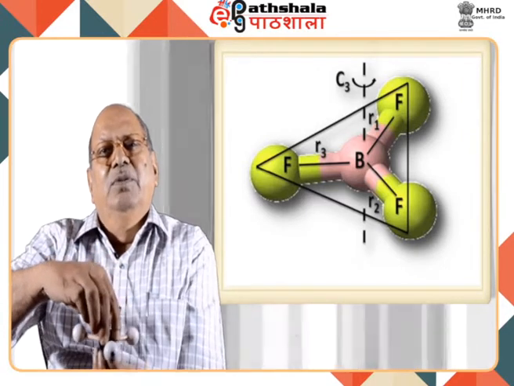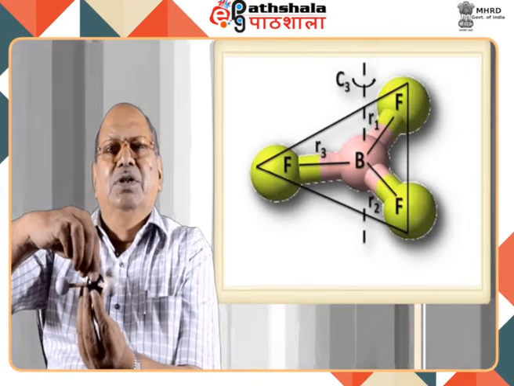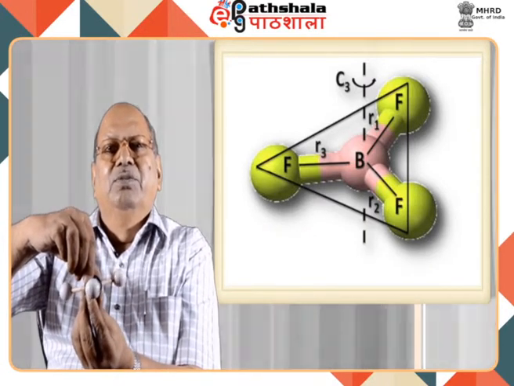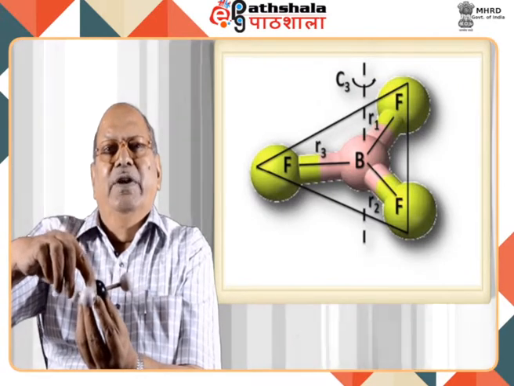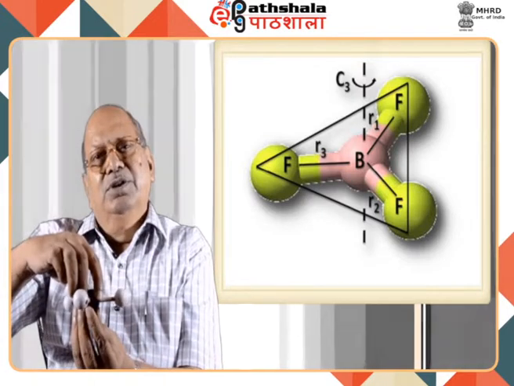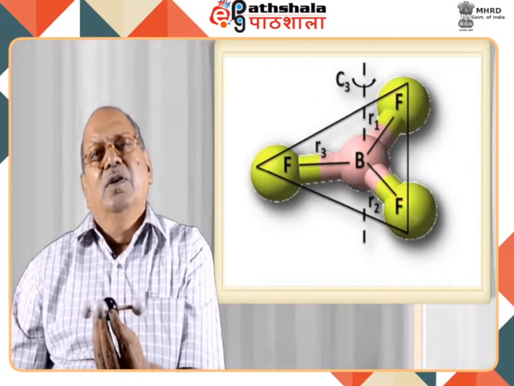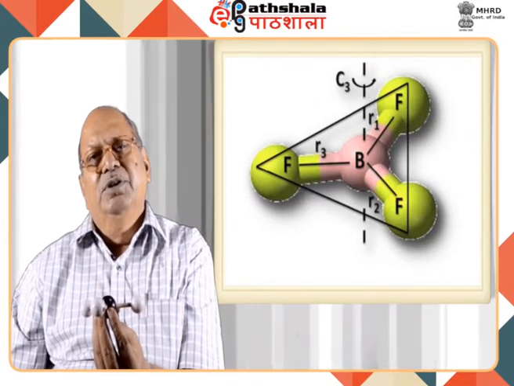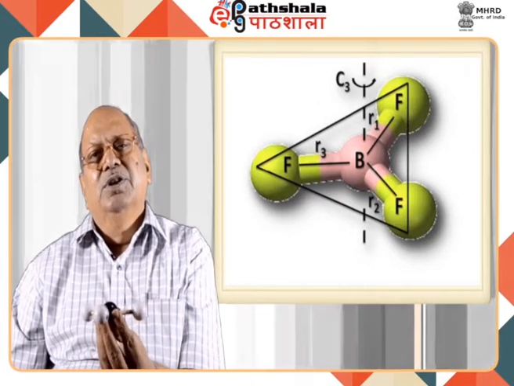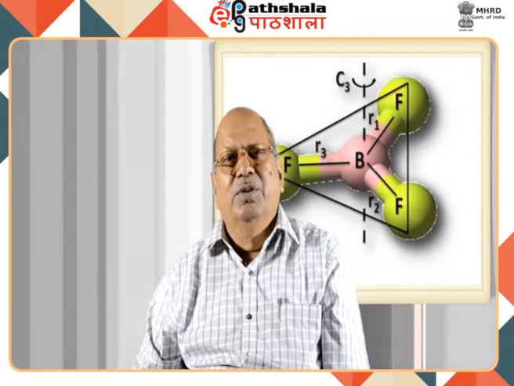If I give a 120-degree rotation along this, what happens? This bond vector, this bond vector, this bond vector interchange, all 3 are shifted. Like this we find the number of bond vectors shifted by performing the various symmetry operations of the molecule, and these are shown over here.